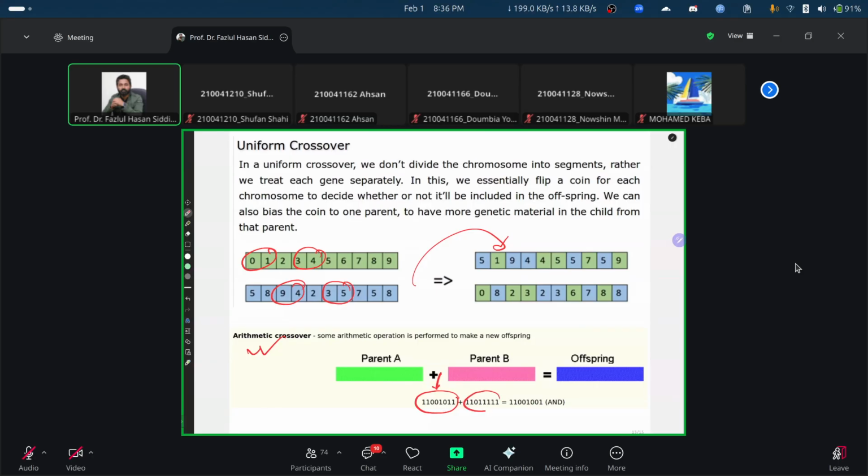Here is another binary solution, and now they are doing the crossover, and a new child is produced with the AND operation. It could be the OR operation, or an XOR operation. Again, it depends upon the application. Sometimes we need to do some arithmetic type crossover, and that is called the arithmetic crossover. Some arithmetic operations are happening here.